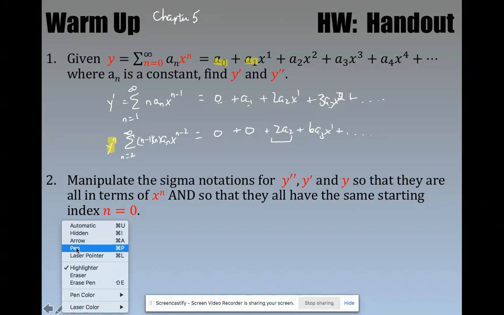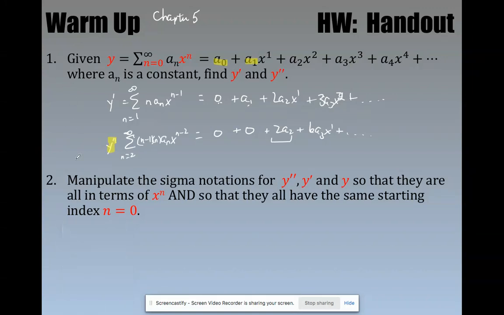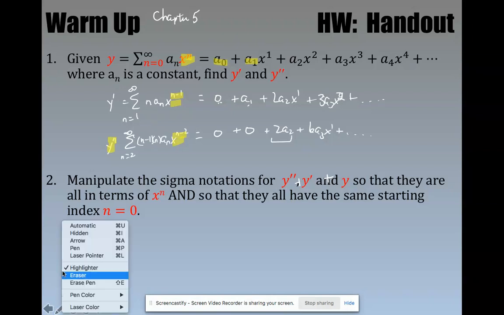So that's one skill. The second skill, I don't expect that to be too hard, but we didn't do this in calculus, and I don't remember if we do any of this manipulation of sigma notation in the pre-cal series. But for differential equations, you may be wanting to add derivatives together. Notice that in my second and first derivative, I don't have x to the n like I do in y, my solution.